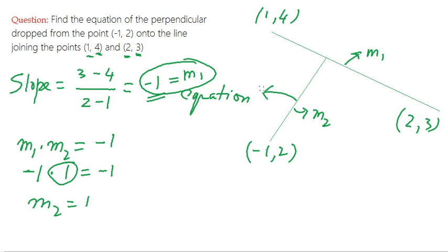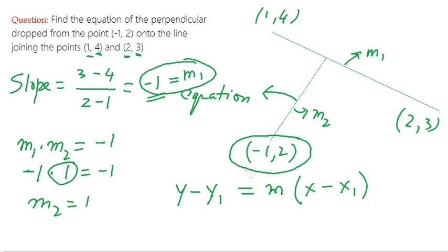So armed with this knowledge that m2 is equal to 1, let's try and find the equation of that perpendicular. The equation of the perpendicular would be given as y minus y1 is equal to m into x minus x1. y is just any general point, and y1 and x1 are taken from this point.